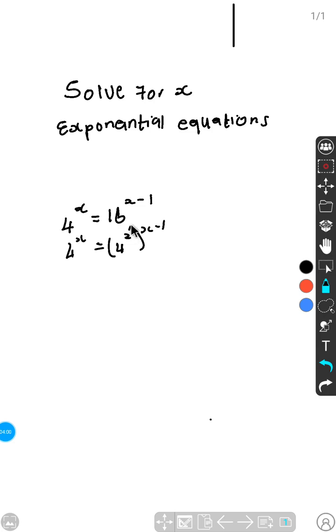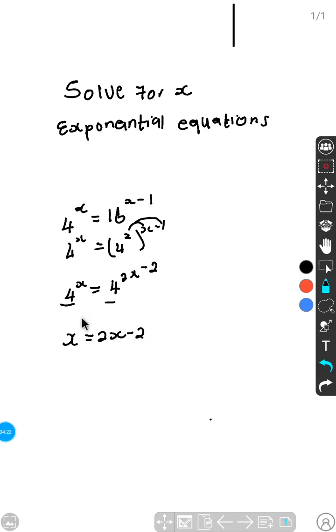Okay, so the 2 is going to multiply the x and the minus 1. 4 to the power x is equal to 4 to the power 2x minus 2, since 2 times minus 1 is going to give us minus 2. Okay, the bases are the same on both sides. Then we equate the exponents. X is equal to 2x minus 2.